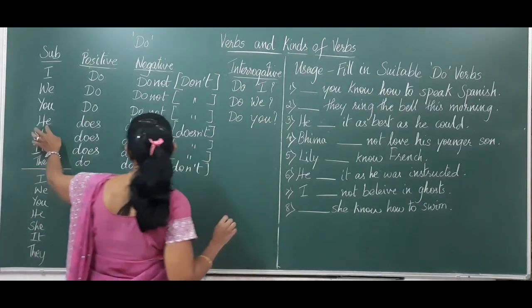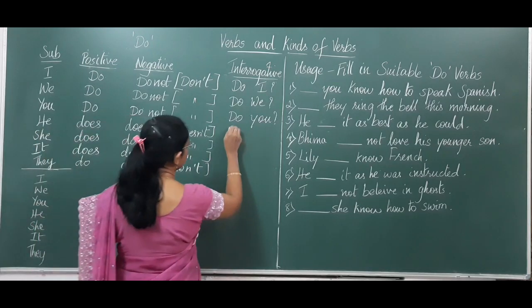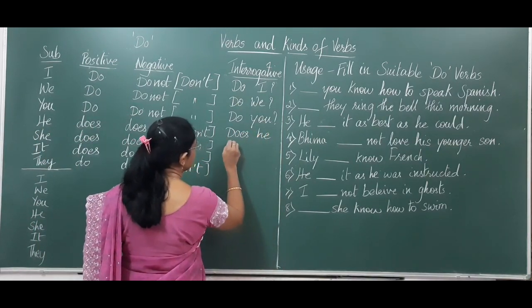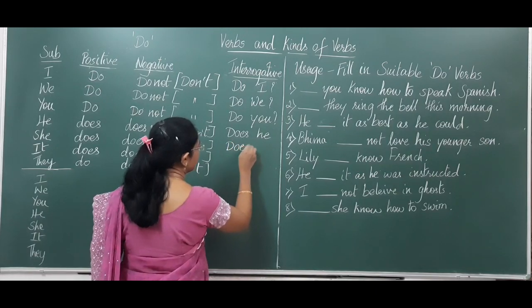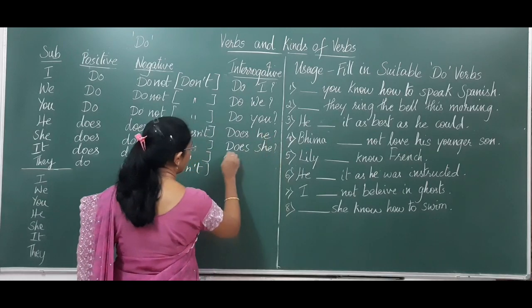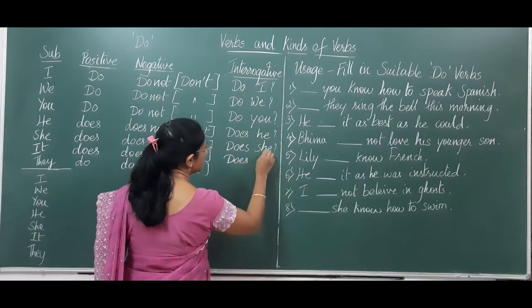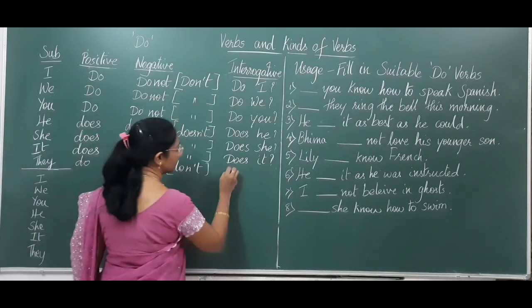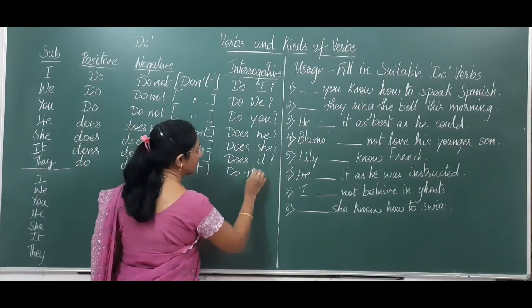For the third person, it takes as does he, does she, does it. And for the plural third person, do they.